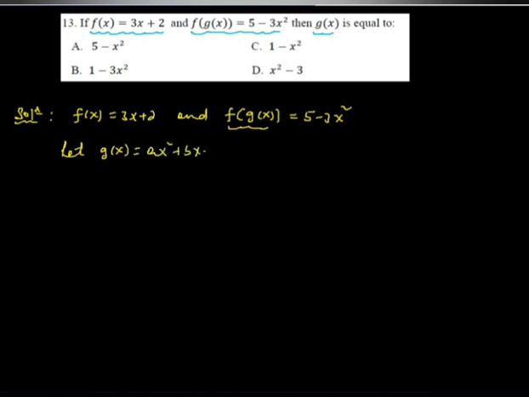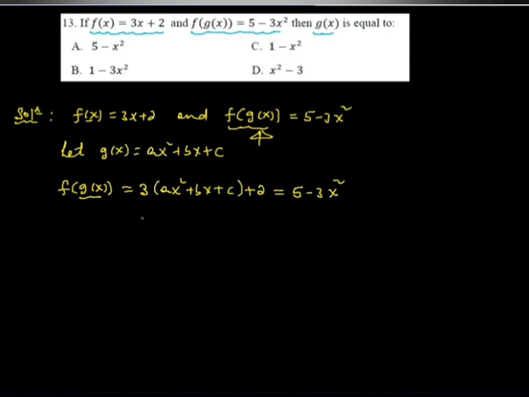So let our g of x be some quadratic ax squared plus bx plus c. Okay, we will determine this g by applying what is given here. አሁን f ውስጥ ማንን ነው የምናስገባው? g. Okay, f ውስጥ g ማስገባት ማለት በx ቦታ g ማስገባት ማለት ነው. This is 3 times ax squared plus bx plus c, plus 2. The composition of this function ምን ተብሎ ተሰጥቶናል? 5 minus 3x squared ነው ተብሎ ተሰጥቶናል.